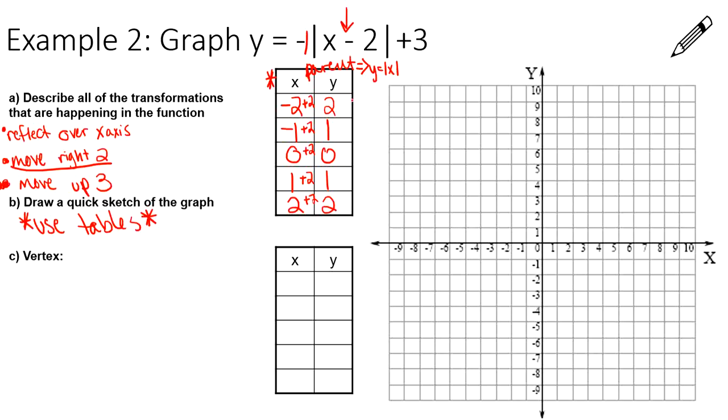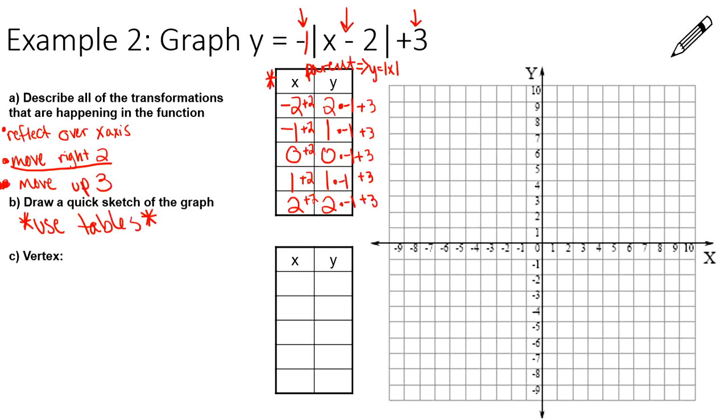Then with my y values, I have a number getting multiplied by it, and then a number getting added to it. So I'm going to multiply each by -1, and then after I multiply, I'm going to add 3 to each.